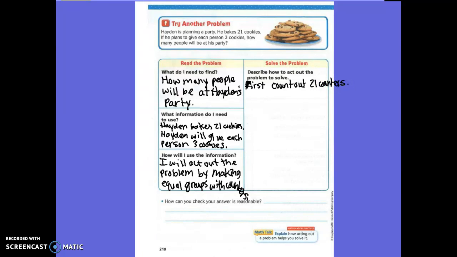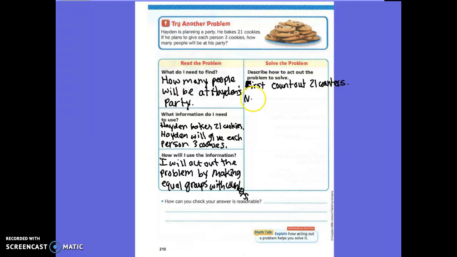Okay, on the last one, they knew how many groups they were going to have. This time, we don't know how many groups we're going to have, but we know how many counters will be in each group, because each person gets 3 cookies. So for each group, we should have 3 cookies.